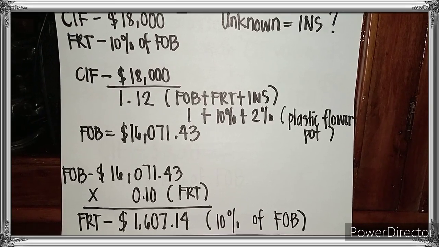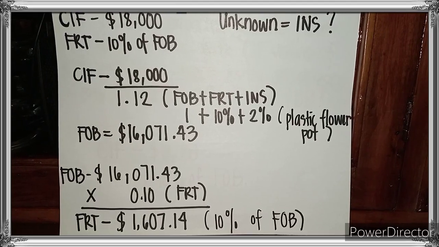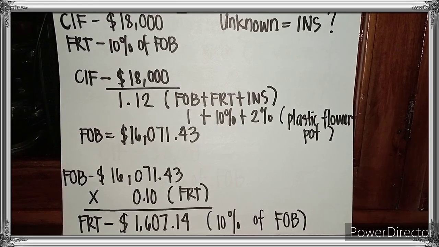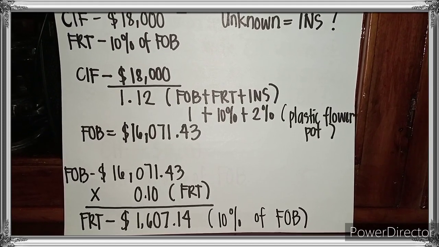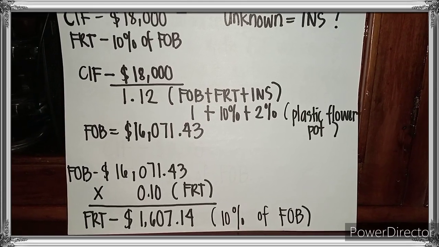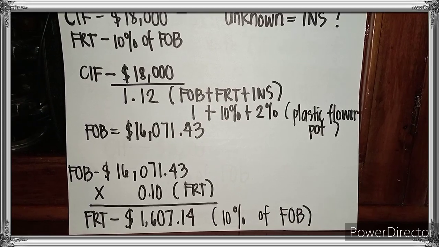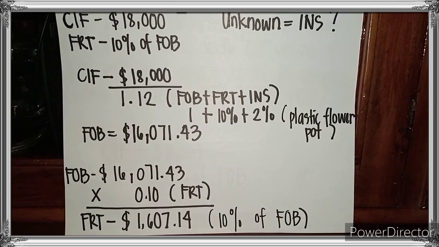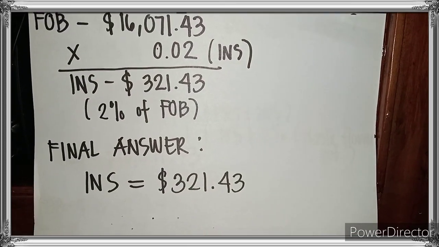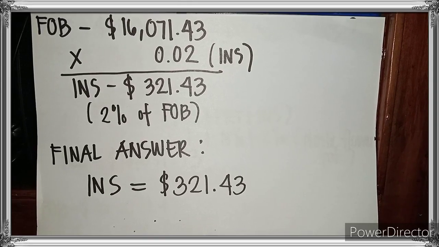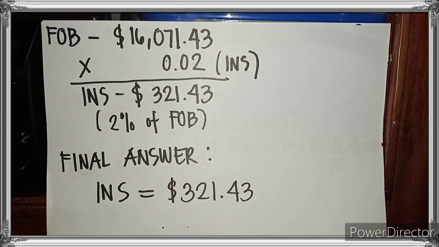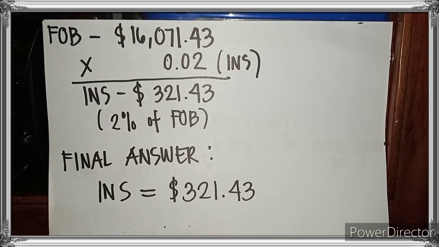Then after that, we now have our FOB, and we will proceed with multiplying by the correct percentage. So the FOB has a value of $16,071.43 times 0.10, which is 10% of the FOB stated in the problem, wherein we come up with a freight amounting to $1,607.14. Now, for the insurance, we multiply again $16,071.43 by 2%, which represents the insurance.